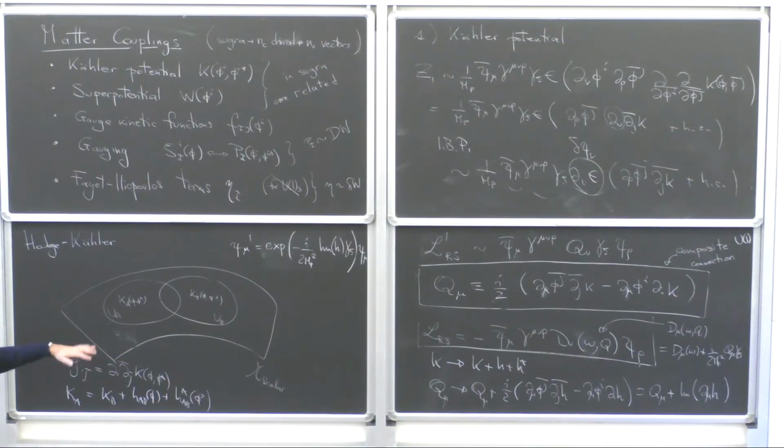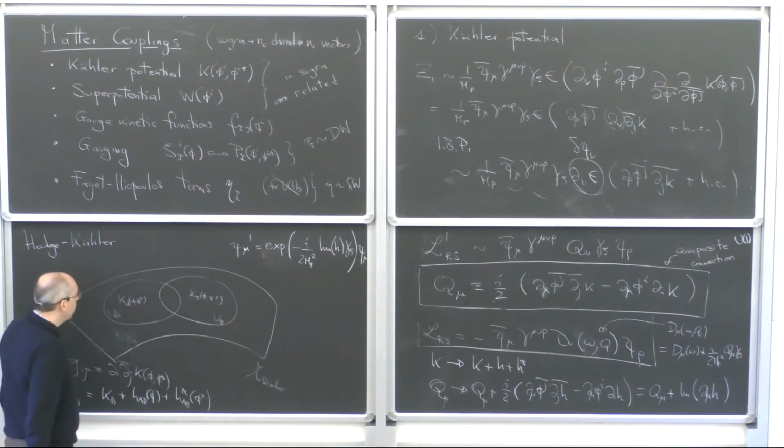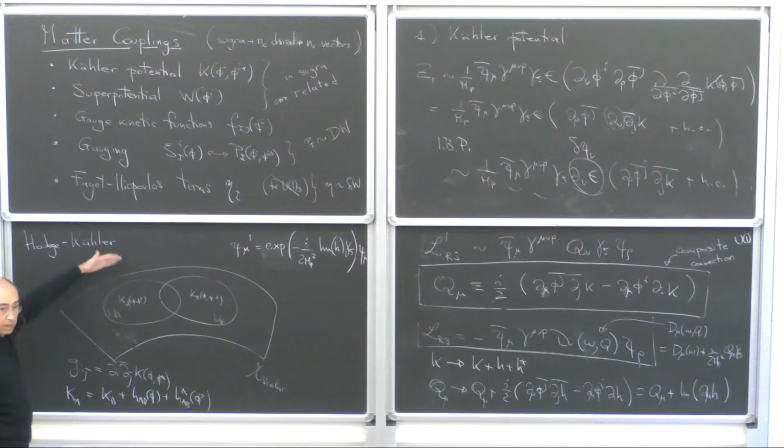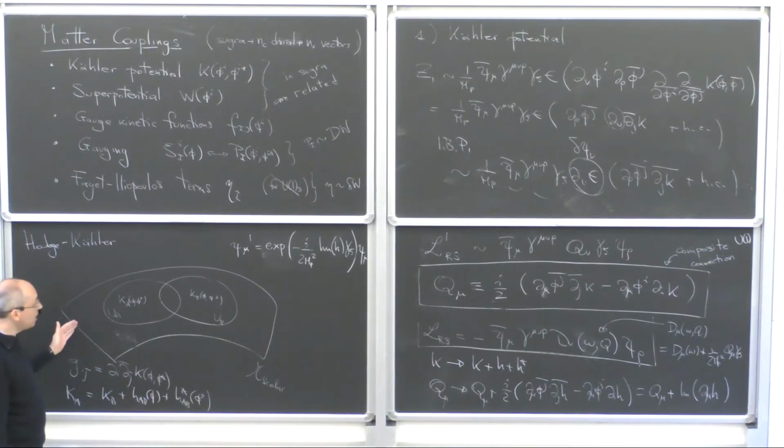Well, this structure was present also before, but it was trivial in some sense. What is this structure? The structure has to do with the fact that on top of your manifold here, you can define a bundle, a complex bundle, a line bundle essentially, whose sections are these functions h. And of course, in the rigid case, this is a trivial bundle. Nothing happens essentially, when you do these transformations.